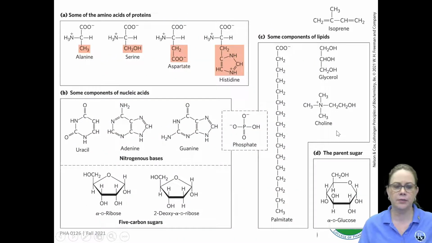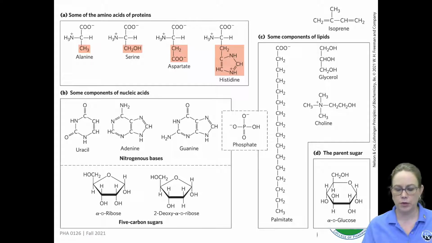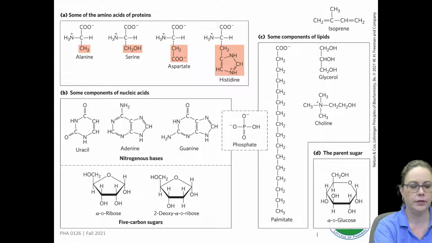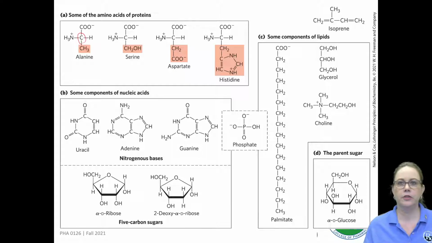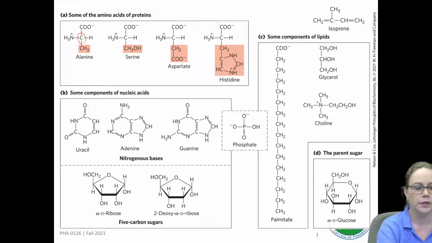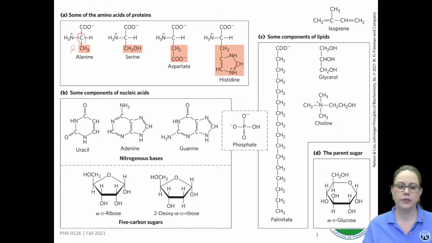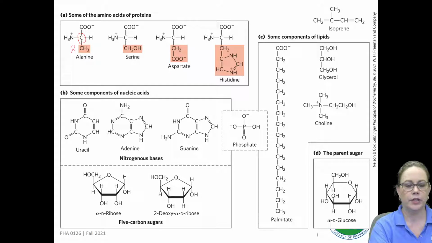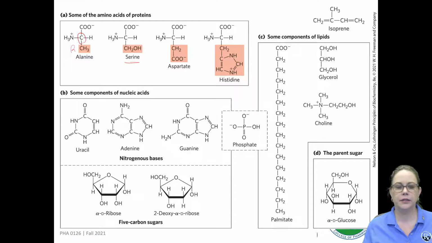So looking at some of the structures, recall our amino acids have that alpha carbon that's substituted with an amino group, a carboxylic acid, a hydrogen atom, and then some side chain R group that's highlighted in the peach structures there. Today in this topic, we'll be looking at the amino acids serine, methionine, lysine, and glutamate.